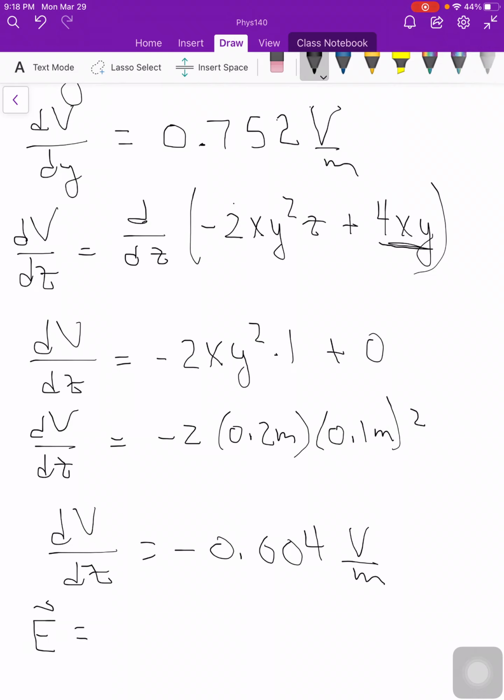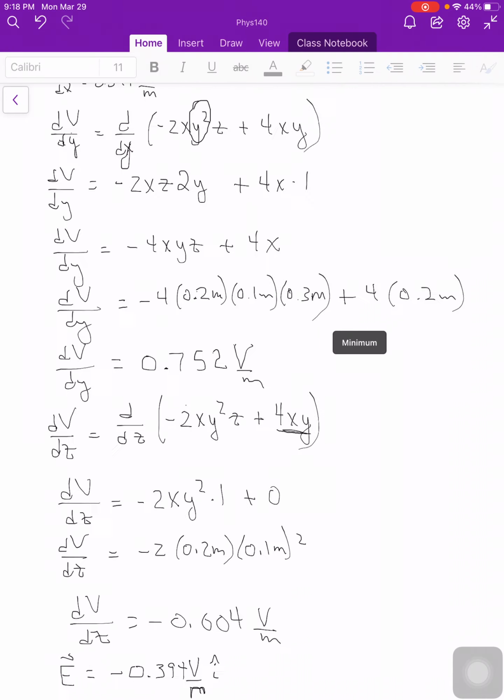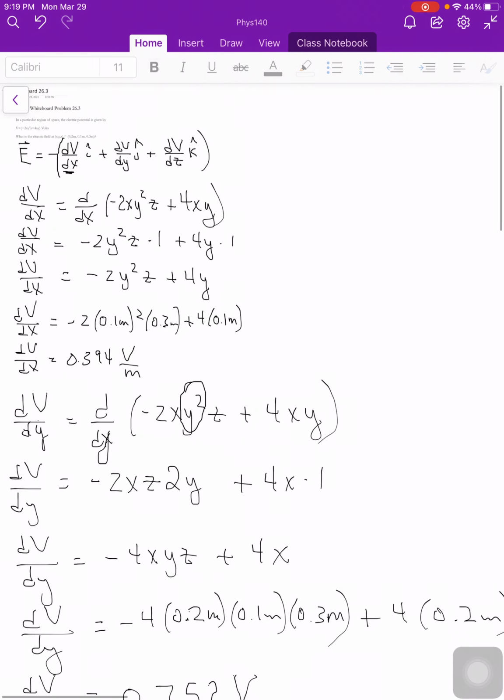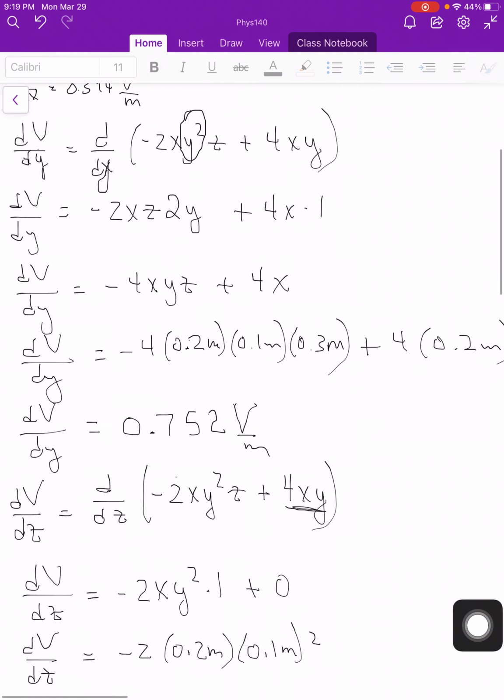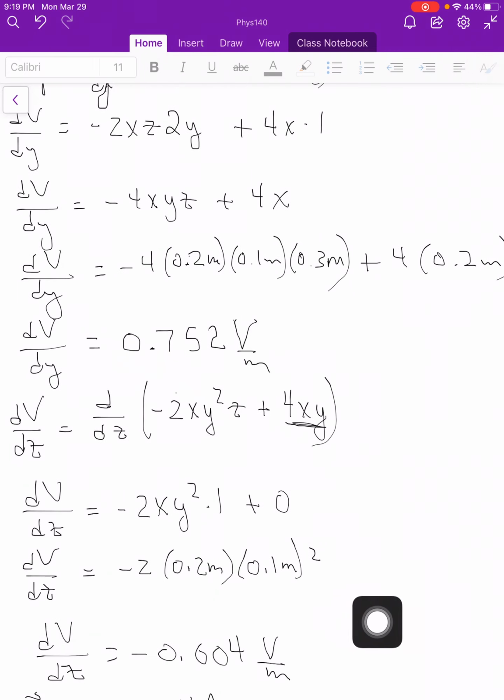So I'm plugging all that in, and I'm going to get E equal to negative 0.394 volts per meter in the i hat direction. When I calculated dV dx, I got a positive value, but there's a negative out in front. For each of these numbers that I calculate, I need to multiply by a negative: here, down here, and for the z term.